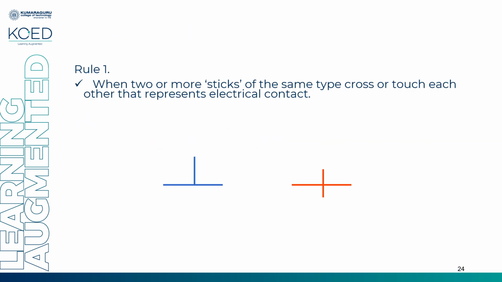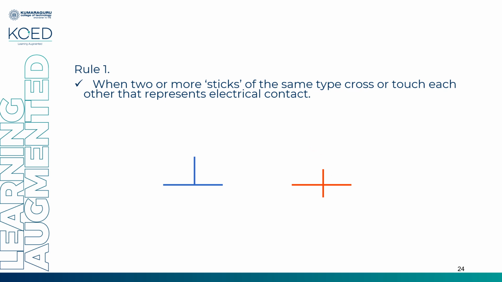When two or more sticks of the same type, that is, the same layer, two metals or two polys, cross, then their electrical contact is established. It means there is an electrical connection between these two.